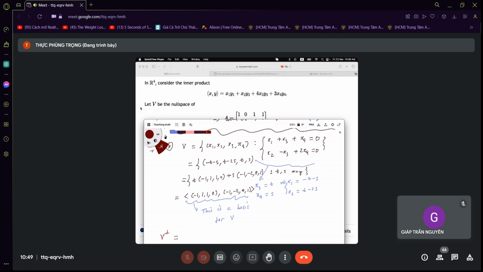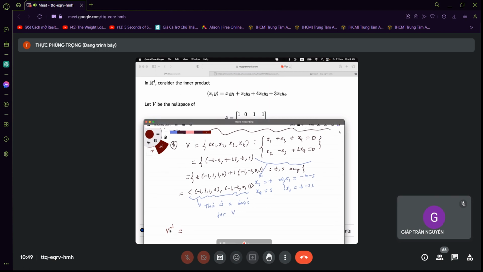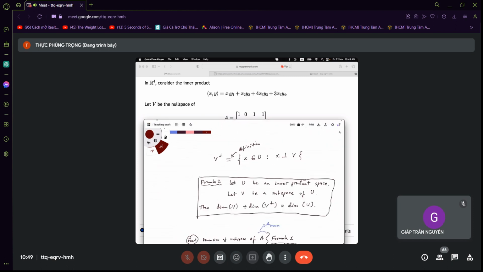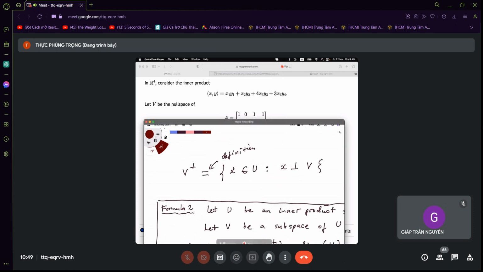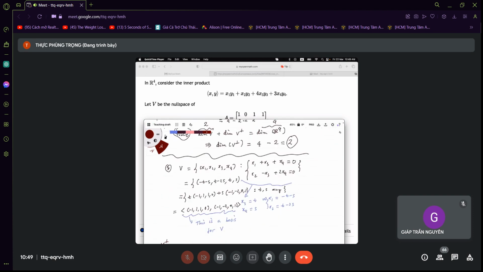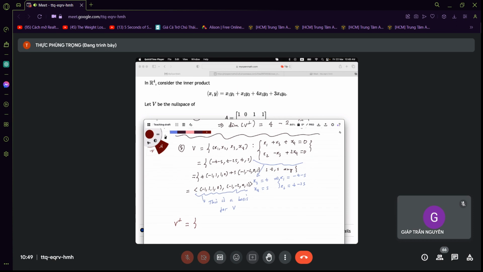So by definition, V orthogonal is, let me remind you, the set of vectors that are orthogonal to V, right? So let me set a vector S so that S is orthogonal to V. This is the definition.